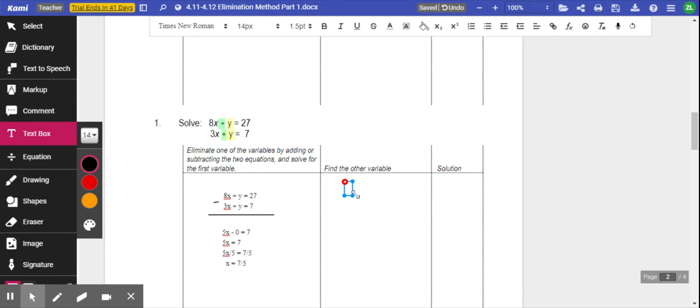Right? If we do this one over here, we just sub in 7 over 5 into the x position, which makes things a little difficult, but we'll do that second equation. So sub 7 over 5 into second equation. In this case, we're going to use 3x plus y equals 7. And this is a tough one. We're going to get used to how to do this.